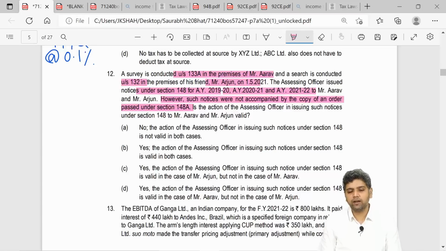They are saying over here that although the reassessment notice under 148 is issued, there is no order after the inquiry conducted under 148A which is accompanying such notice under 148.